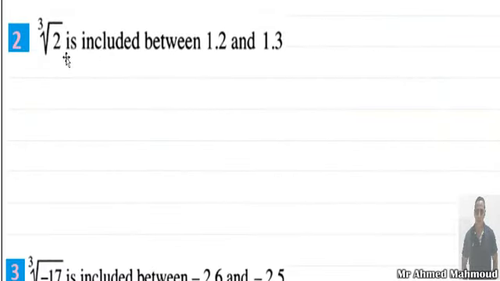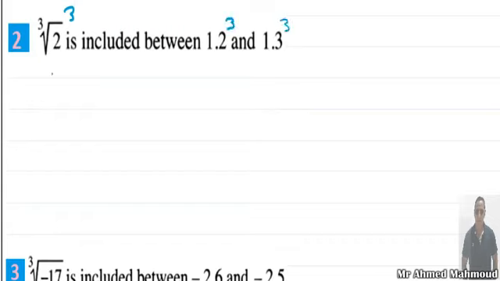Here we have cubic root 2, to prove that it is between the two numbers 1.2 and 1.3. Okay. Here to cancel the cubic root, I'm going to raise each number to the power of 3.